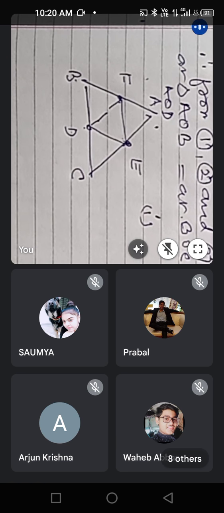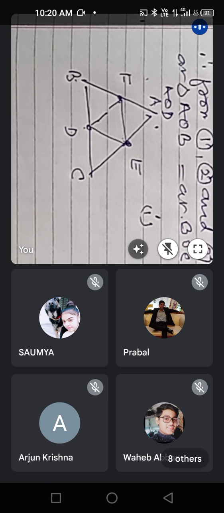Okay. So you see DEF is equal to AEF. Both of them, their areas are equal. Again you write, next: area DEF is equal to area DCE.